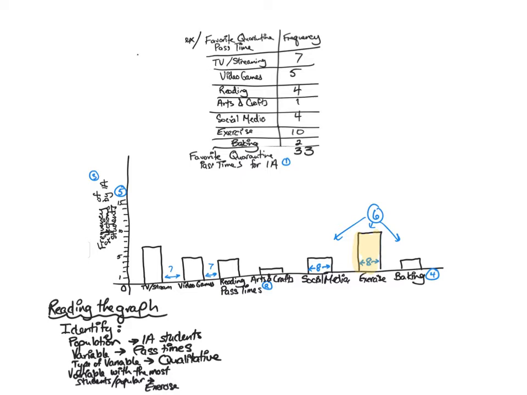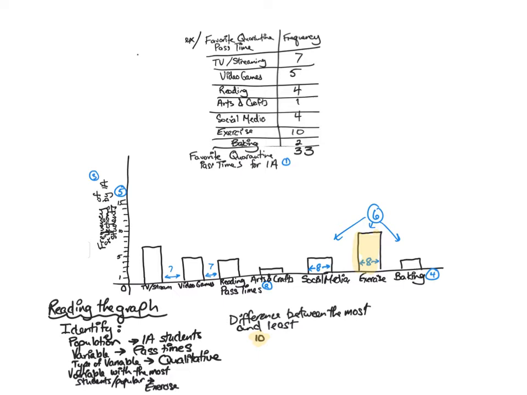You could also ask the difference between the most and the least. So we know already that the most is our exercise, so that would be 10. But now we have to identify our least.